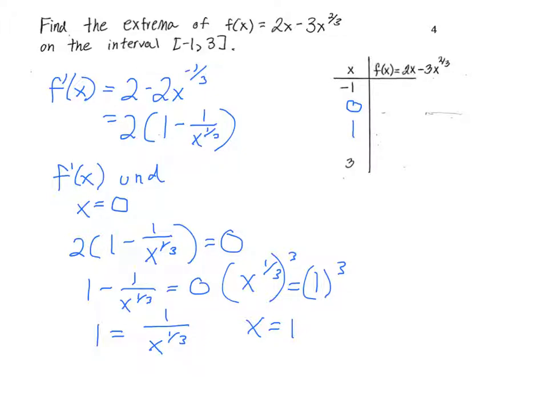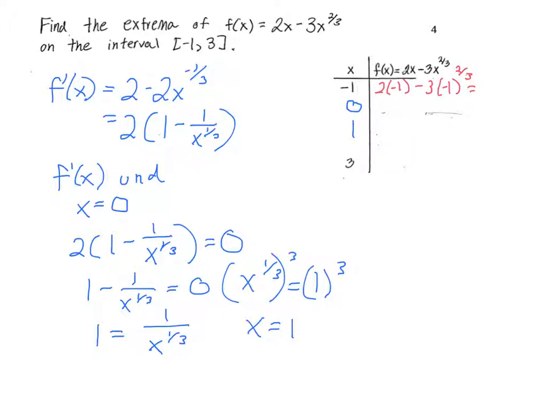Now all I have left to do is plug those four into the original function and see what my highest y values are and what my lowest y values are. So I have 2 times -1 minus 3 times -1 to the 2/3, which is -2. If you cube root -1, you get a -1, square it, +1.